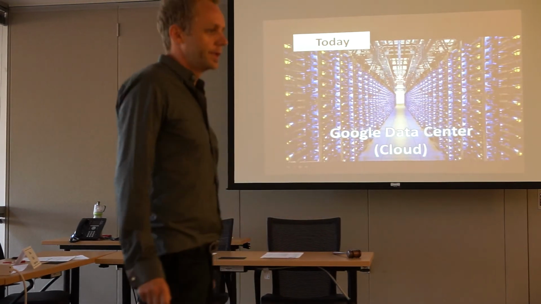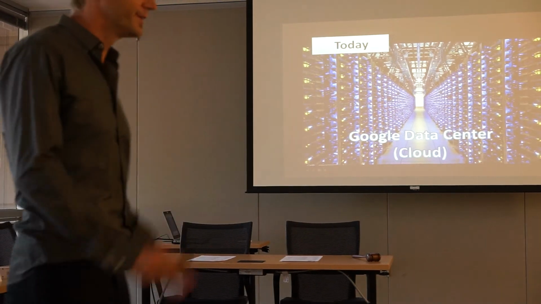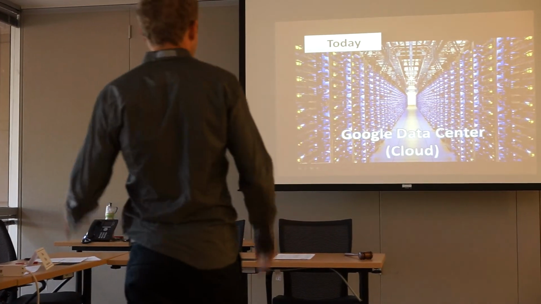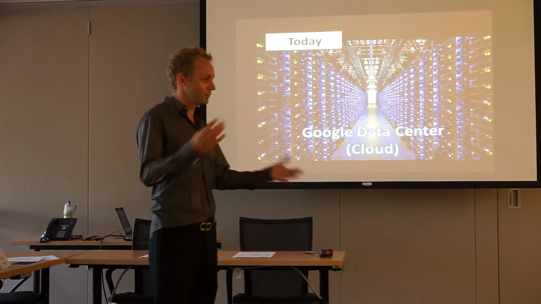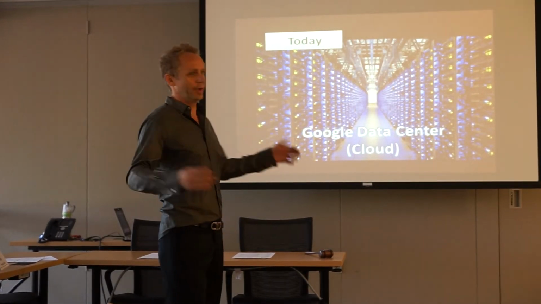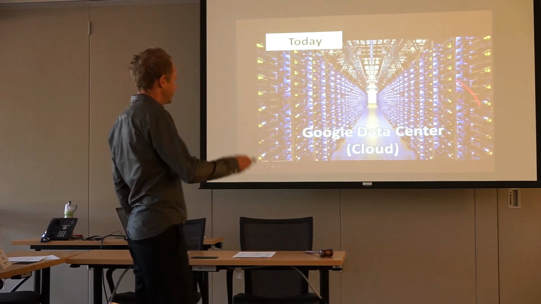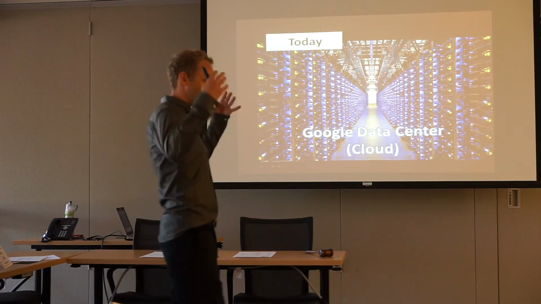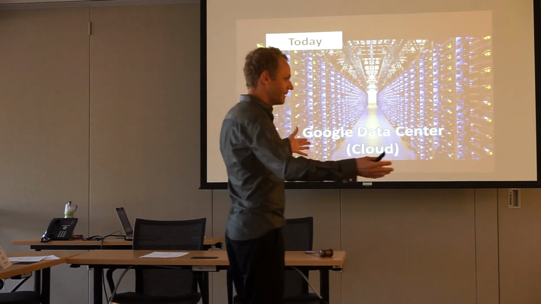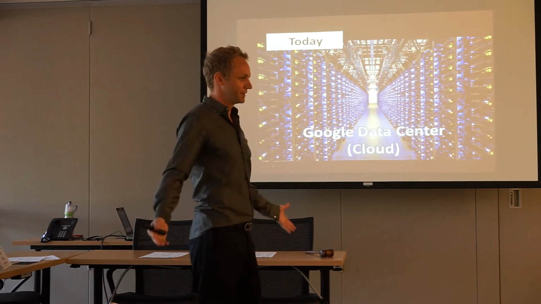This is what the Google data center looks like. That's a cloud. When you hear cloud, which is the buzzword, we go in the cloud, Amazon cloud, Google cloud, this is what it is. It's just a bunch of computers that are all the same, but there are ideas that make every single piece of this do something different.